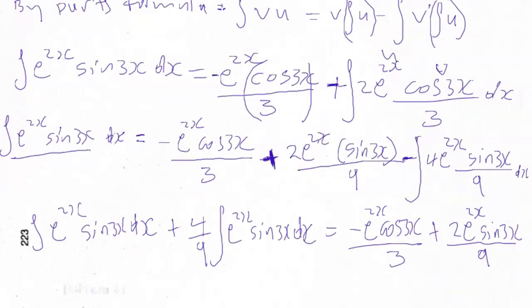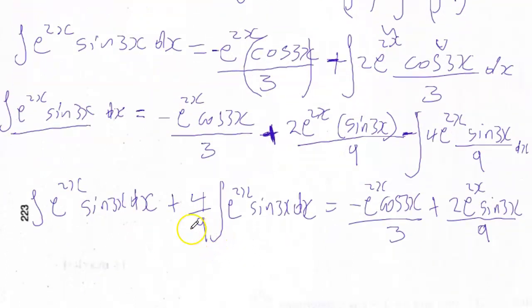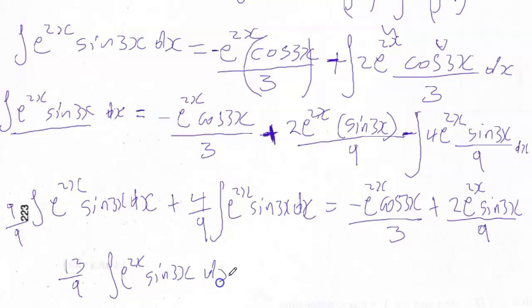Continuing, we will group these terms. Let's look at these two terms, this as 9 over 9. When we add these two like terms, we actually get 13 over 9 times the integral of e to the 2x sine 3x dx equal to the right hand side there.